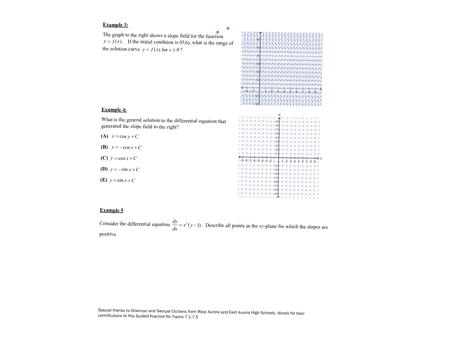So this is a slope field, and they want us to draw, if the initial condition is 0, 6, so we're looking at a solution that goes through the point 0, 6. What is the range of the solution curve? So they're saying if the initial condition is 0, 6, they have now focused in on a particular solution.